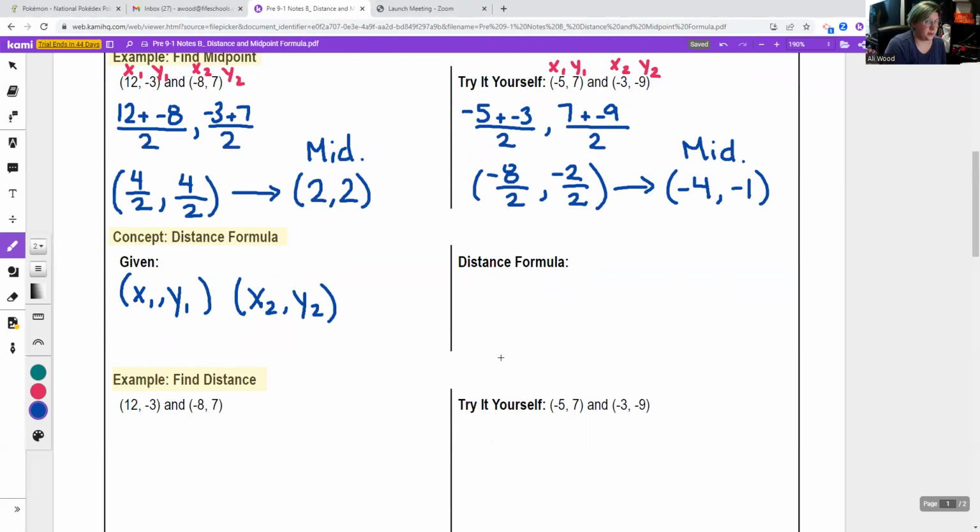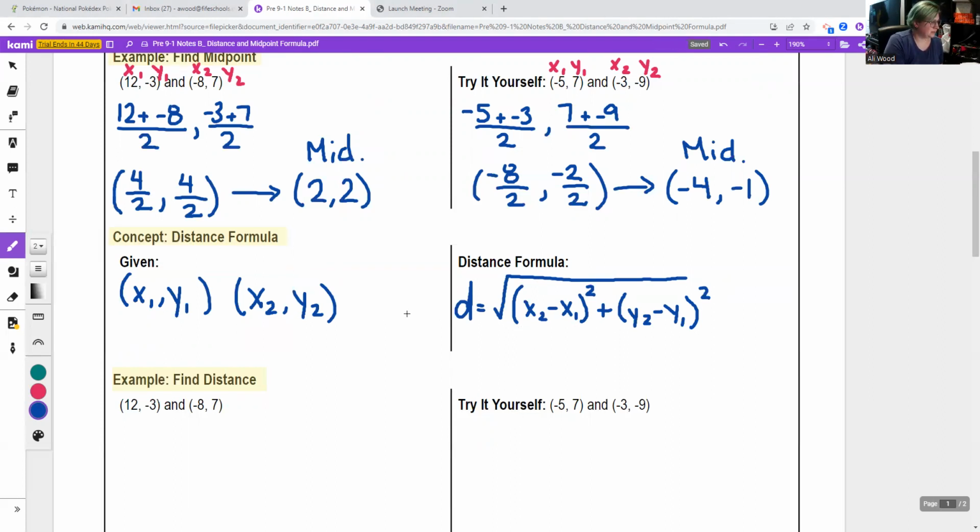This is a little bit more involved. So d is equal to the square root, parentheses, x2 minus x1, close parentheses, squared, plus y2 minus y1 squared.